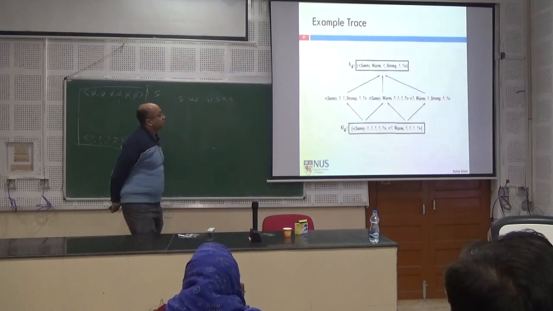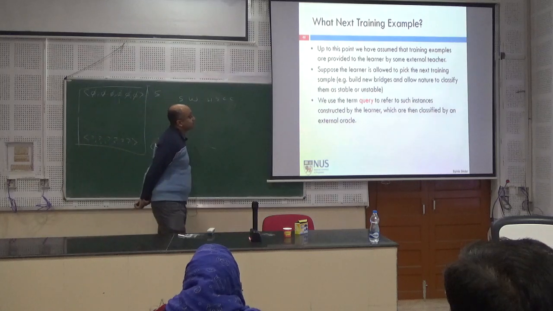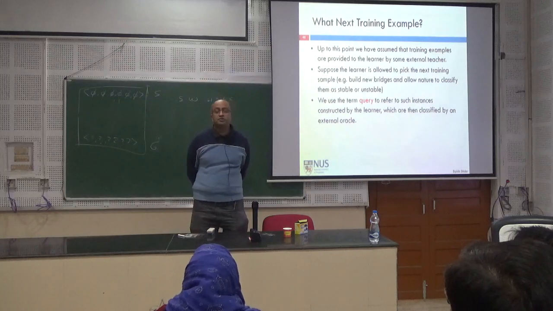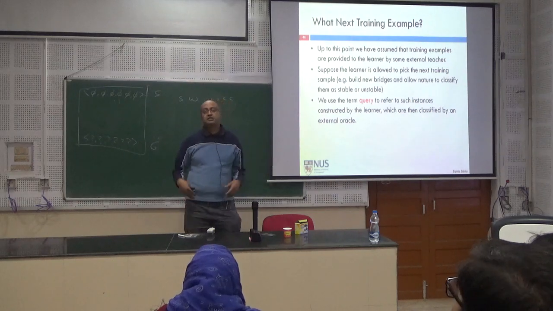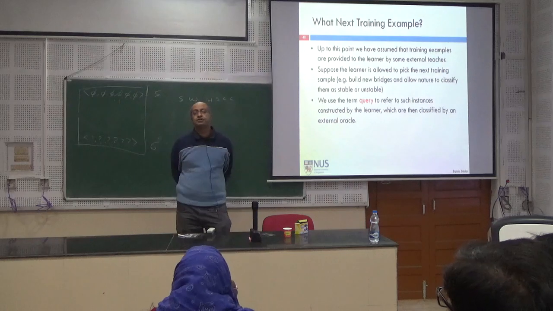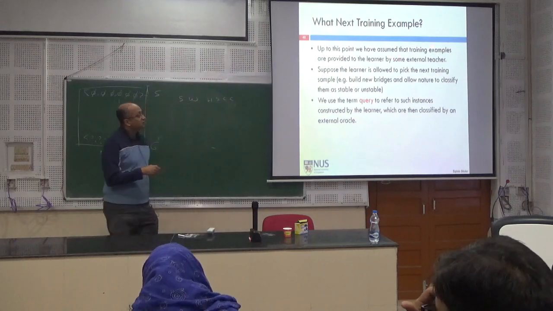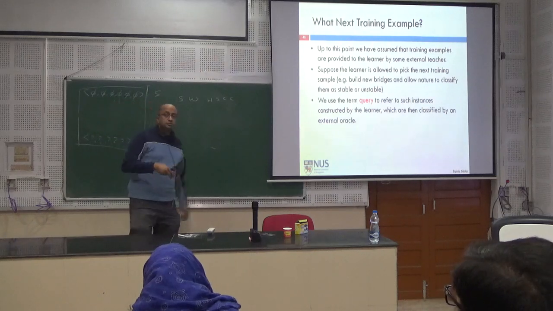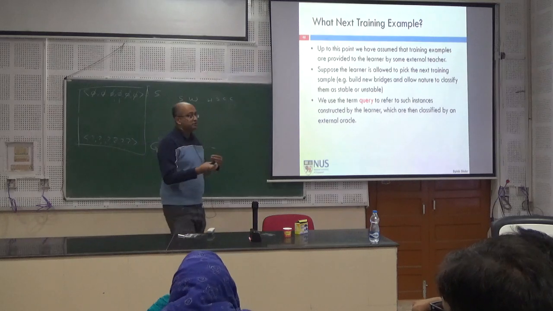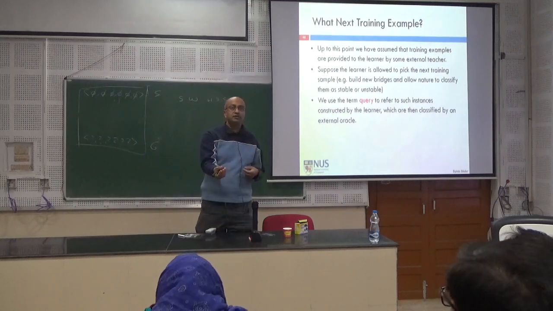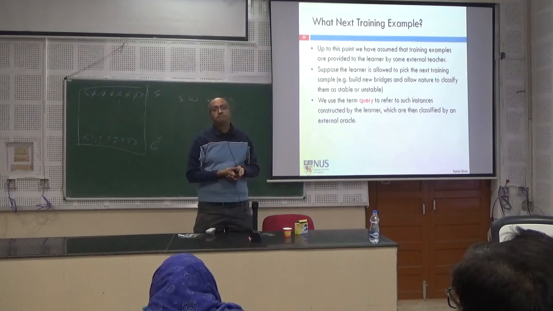Alright, so now let's try to do something better. So far what we have assumed is we had 4 training samples. Who gave us the samples? Somebody, the teacher gave us the samples. In some cases, it may be possible to ask for new samples. Or in some cases, you can run your own experiment and ask a teacher, please label this for me.